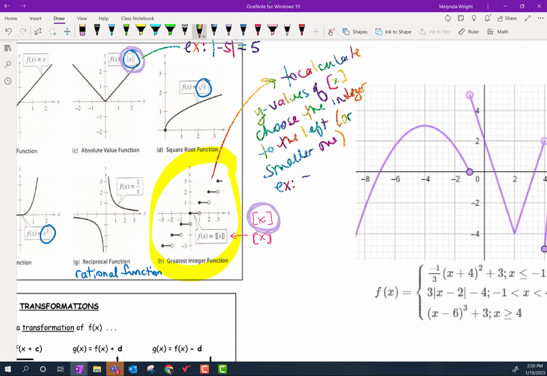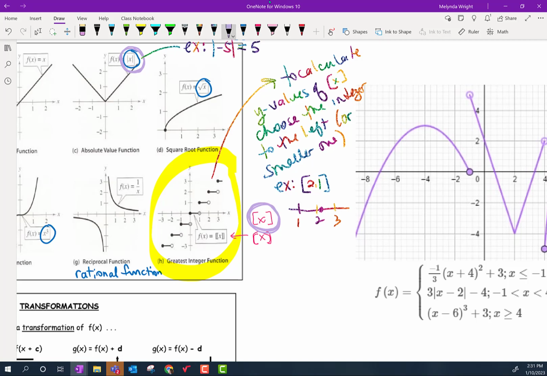So for an example, let's say we were doing the greatest integer of 2.1. Okay, so I'm going to show this with a number line. So we've got 1, 2, and 3. So 2.1 would be right here, right? That's where 2.1 would be.